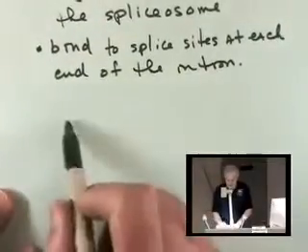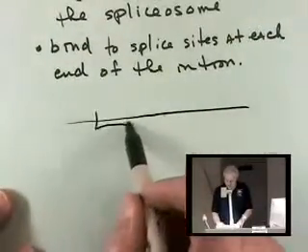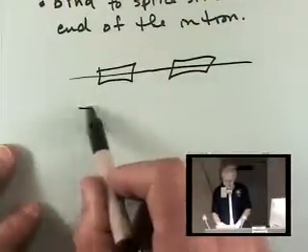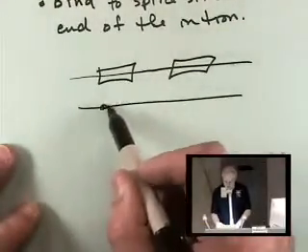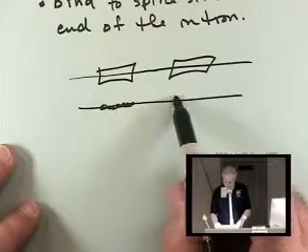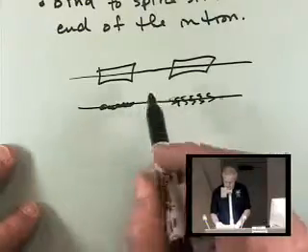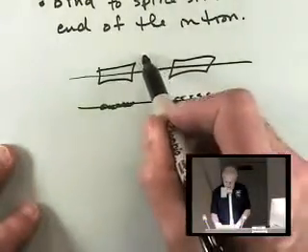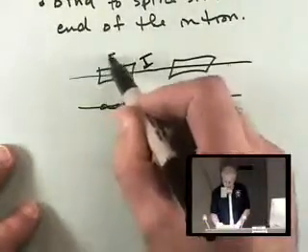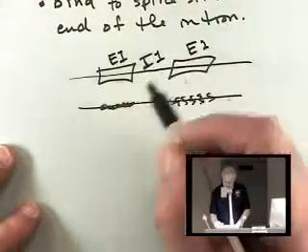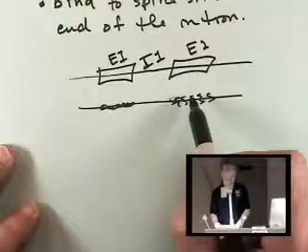So just quickly, we had the template strand with the exons and the introns produce the message. I'll use another designation for the exons here. So this is the intron. This is exon 1, exon 2. So this is intron 1. So this represents it here.